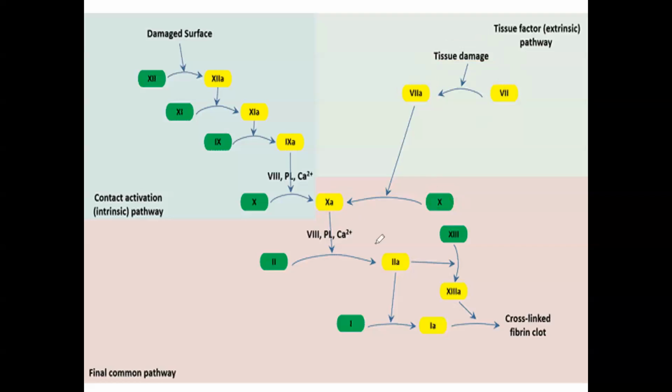Okay? Then si factor 10A, i-activate niya si factor 2 para maging factor 2A. Okay? Then si factor 2A, pag nandyan na siya, i-activate niya si factor 1 para maging factor 1A. Okay? So, ganun yung process niya, class.